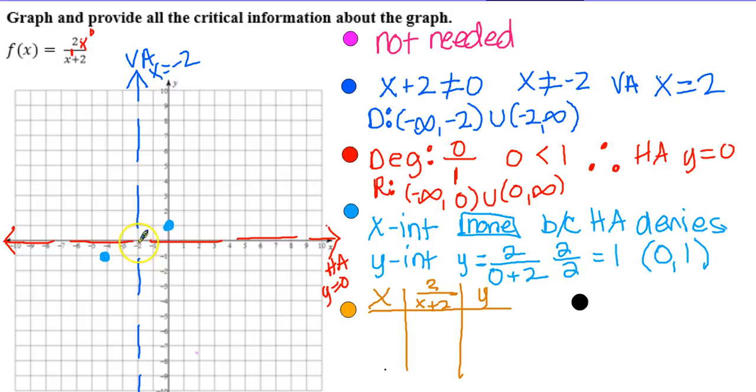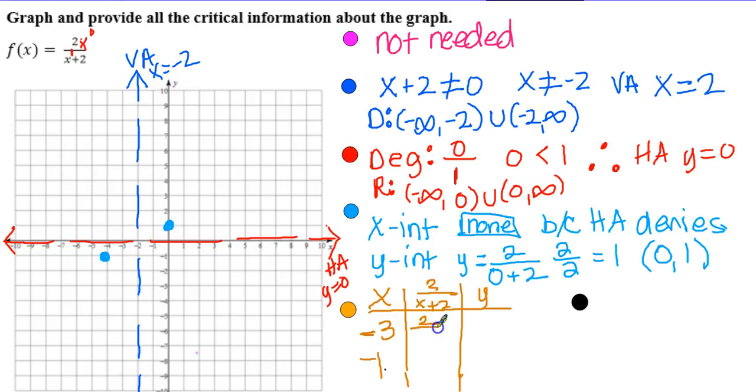Okay, so could I pick -3? Yeah, I could pick -3. What else could I pick? Go on the other side, really close. -1. Now I have a feeling that these will be reflections of each other across the intersection of the asymptotes, but we're going to show the math so that you can trust it. So let's plug in a -3.